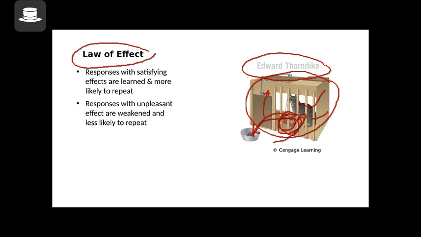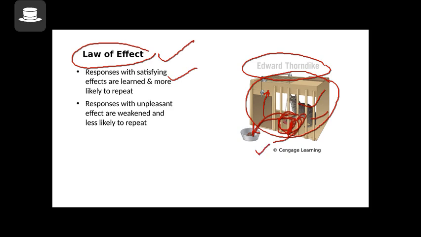So, based on these experiments, Edward Thorndike proposed the law of effect. Now, according to this law, the responses, for instance of pressing the lever in this case, with satisfying effects are learned and are more likely to be repeated.